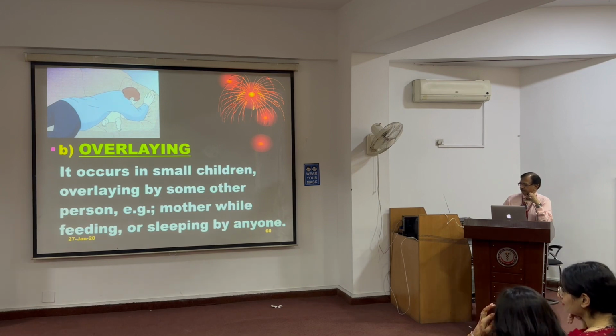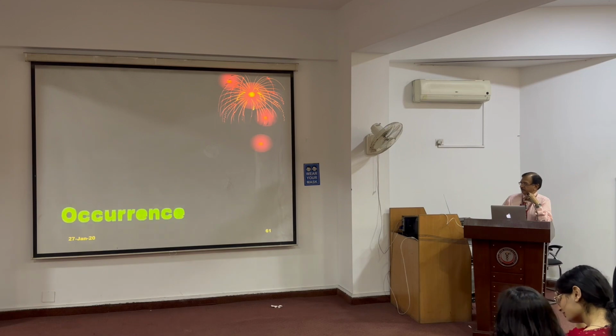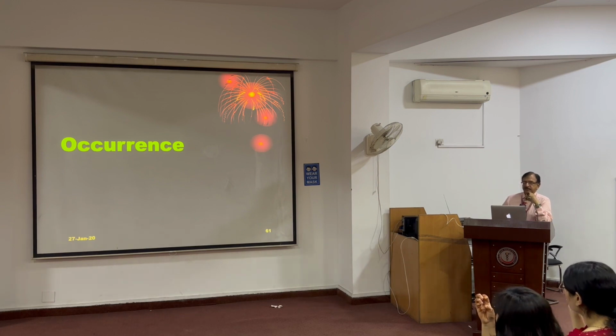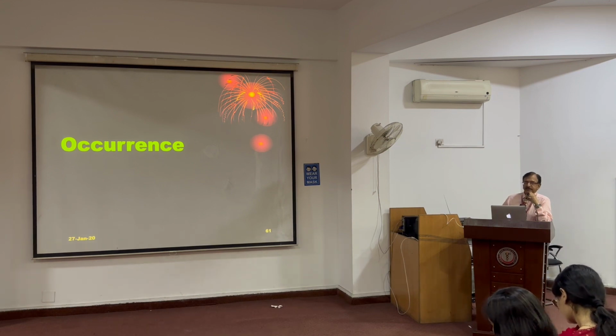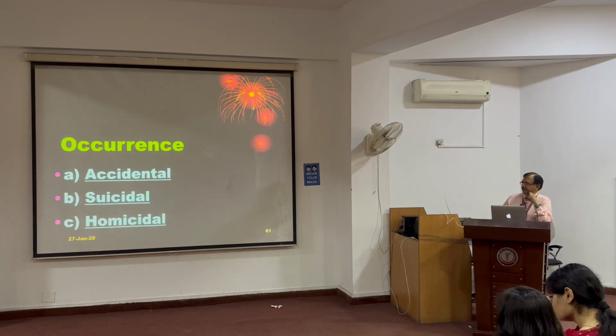So these two forms, the smothering and overlaying, are forms of asphyxial death where the entry of air into the respiratory passages is occluded at nose and mouth level. And the occurrence, either accidental, suicidal, or homicidal, we'll discuss.